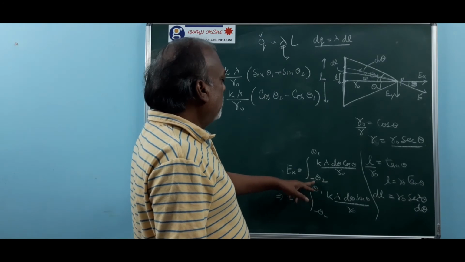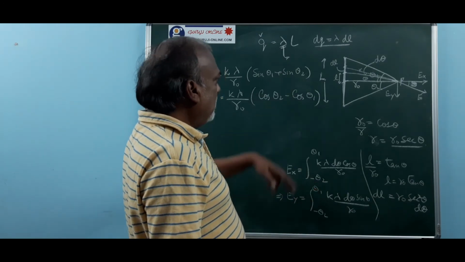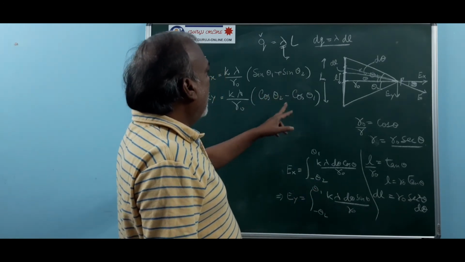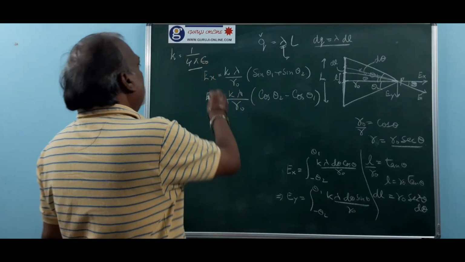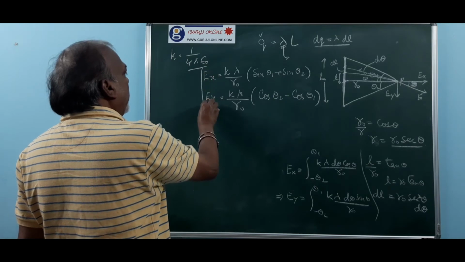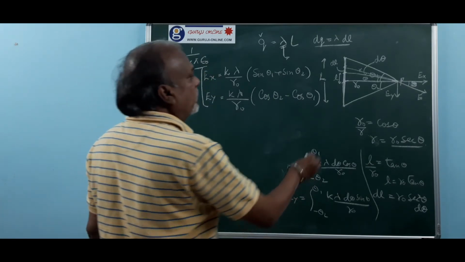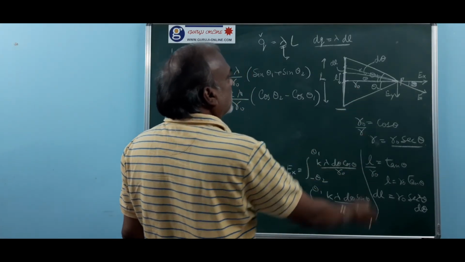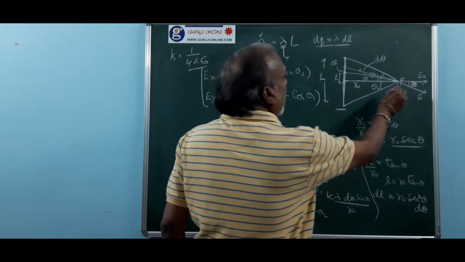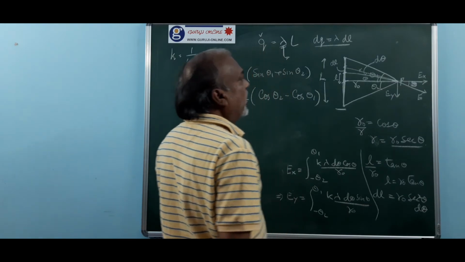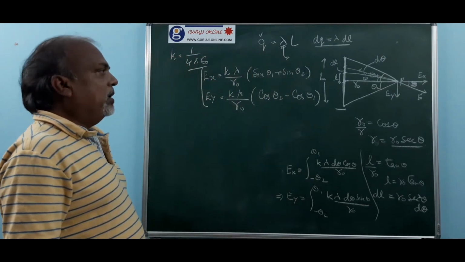Sin of minus theta 2 will be minus sin theta 2, so here it will become plus, and like that. This is a very simple calculation you can do. So this is basically the result you are getting because of this line charge. Due to this line charge at point P, you are having Ex and Ey like this.